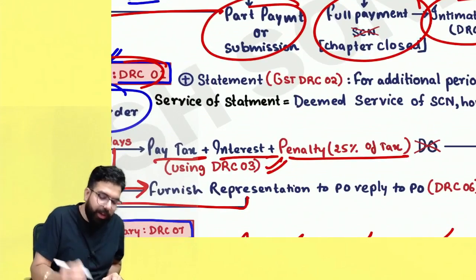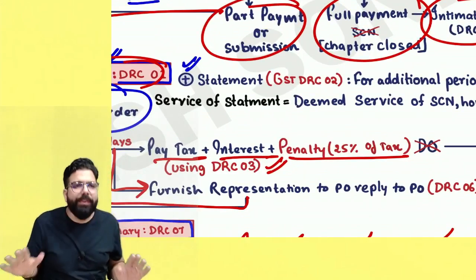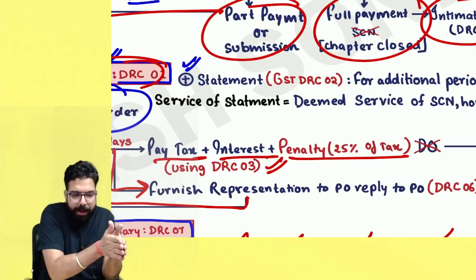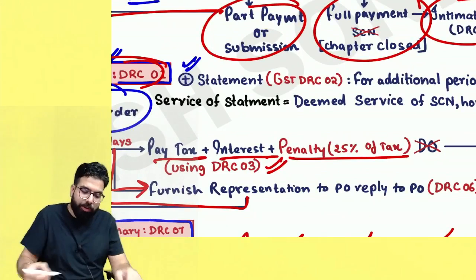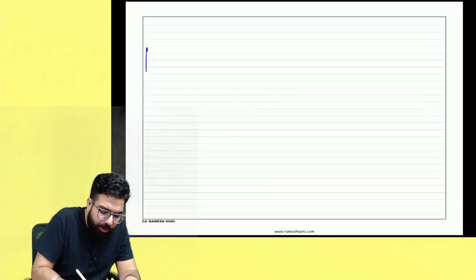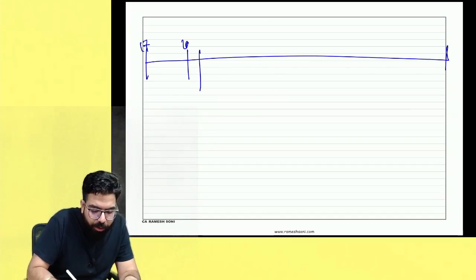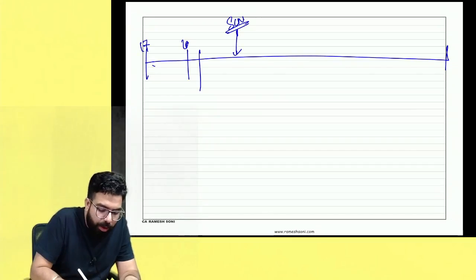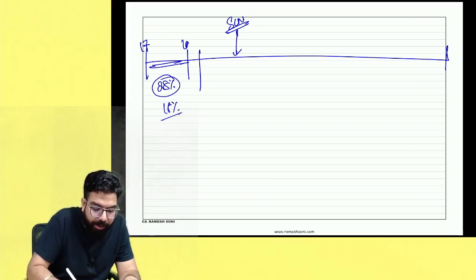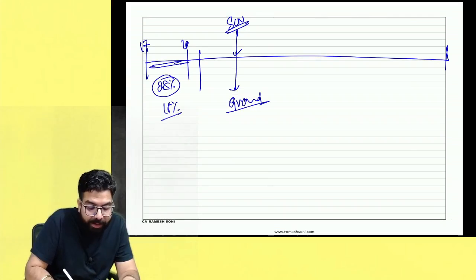One more point is over here. Supposing the officer already gave you a show cause notice for a period, and there is an additional period. Always remember, once he has given you a show cause notice, for example for year 17-18, he told you, sir, this is your show cause notice. In this, he told you that for this year tax was actually 28% on an item and you were paying 18%. So he has given you a show cause notice on the ground that tax is short paid.